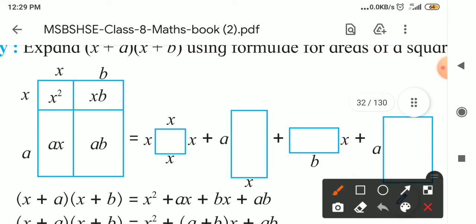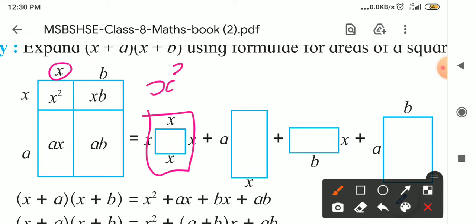First of all, the area of the first quadrilateral. Its shape is a square, and the area of a square is side square. So if you see here, the side is x, so this quadrilateral's area is equal to x square. Now if we move to the second one, its length is b and breadth is x.